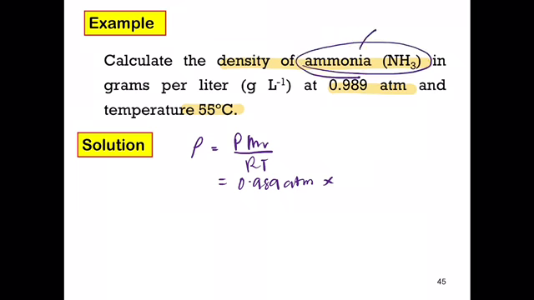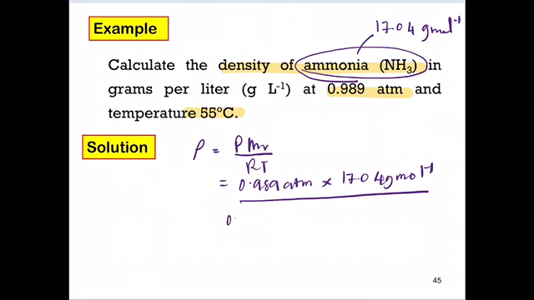We know that the molar mass of ammonia is 17.04 gram per mole, over R, which is 0.08206 atm liter mole^-1 K^-1. Why this time are we using the volume unit of liter?